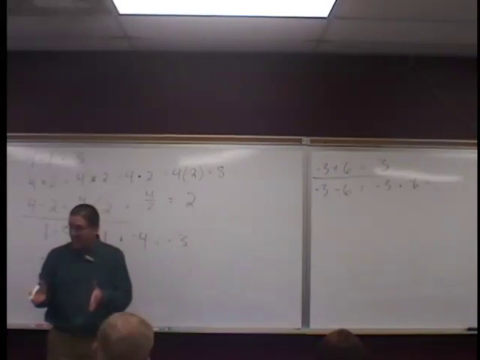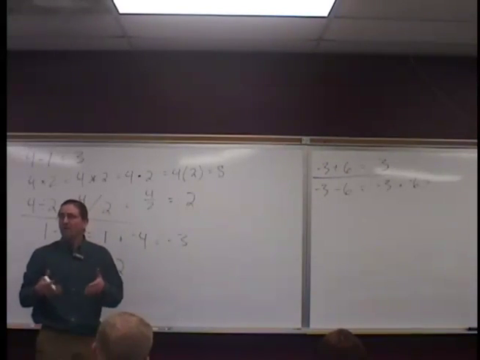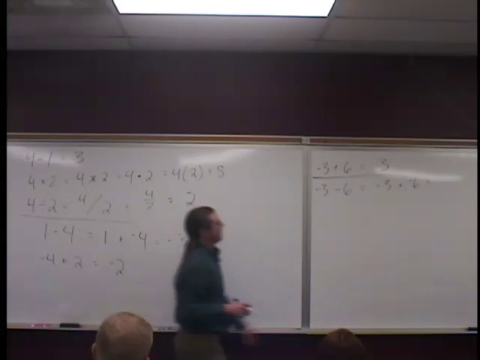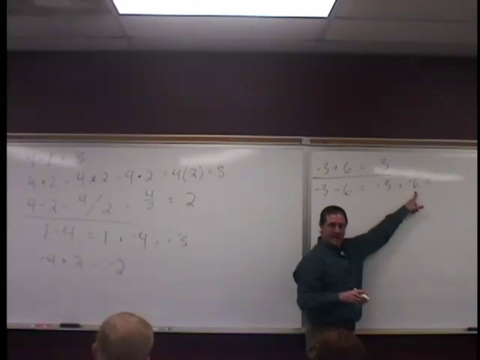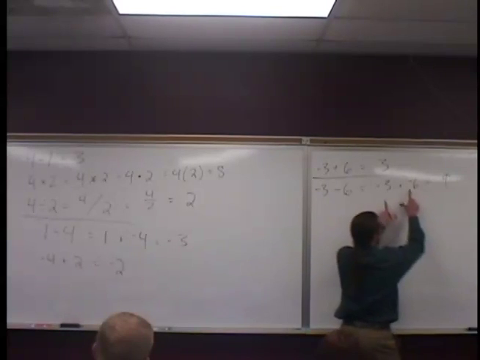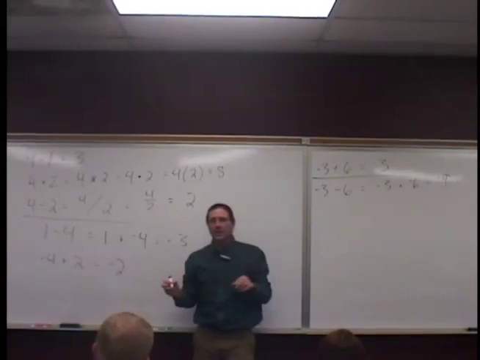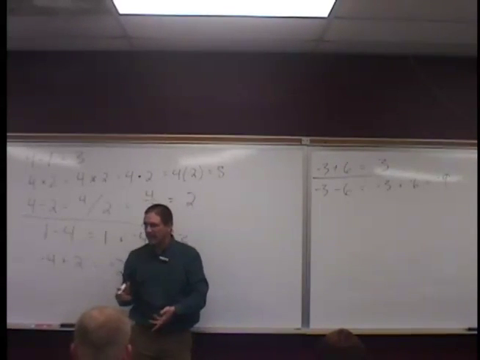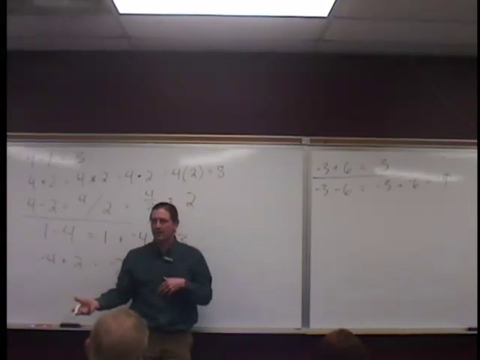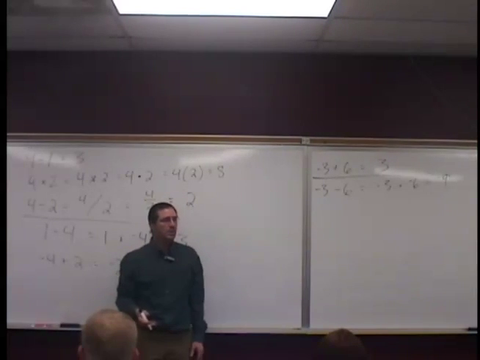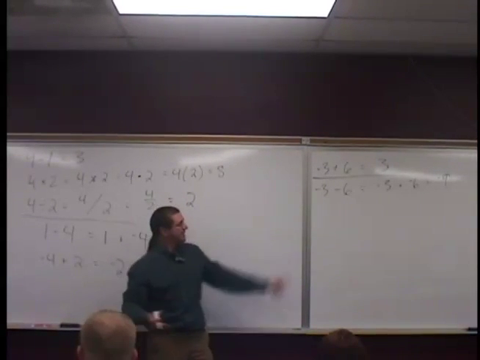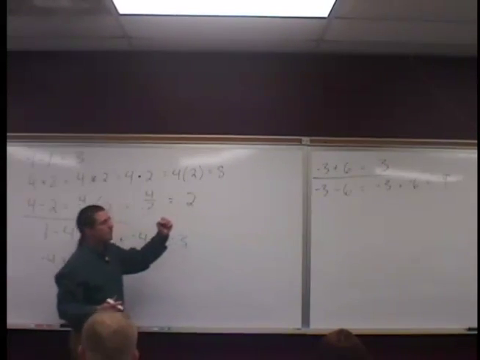When the signs are the same in your numbers, add the numbers. 3 and 6 is 9. And then whatever the sign of the numbers is, make sure that sticks around, right? And again, this should make sense, right? If you owe somebody $3 and you owe somebody else $6, how much do you owe? 9, right? It's the same concept, okay?